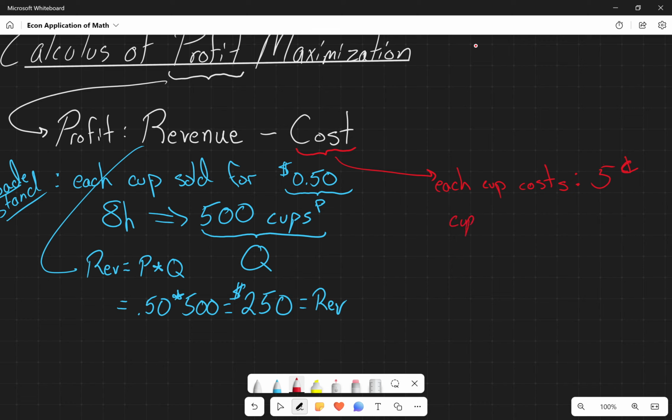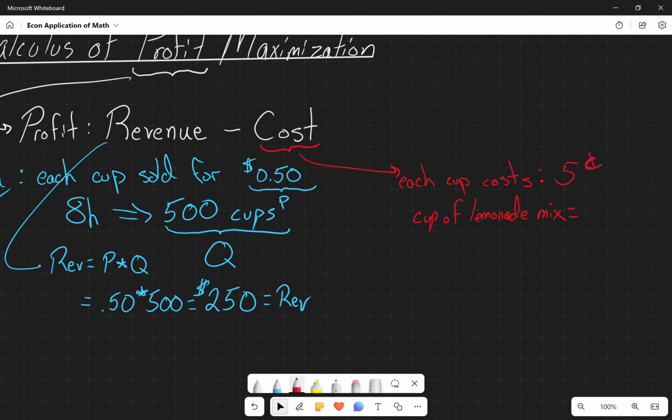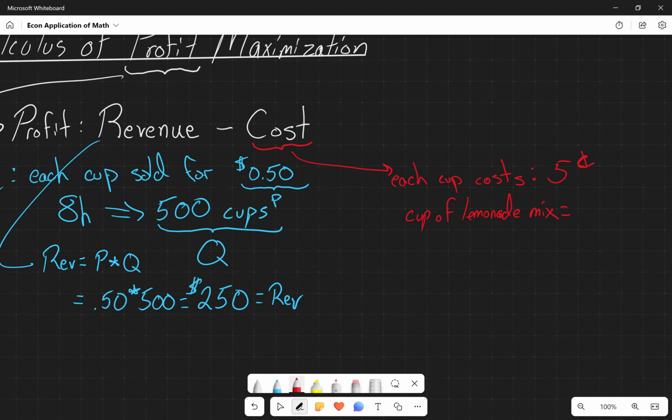We'll say each cup of lemonade mix is going to be equal to something that is increasing in the number of cups. So we'll have something that is 0.2, and then the number of cups, which we'll use as x here, to the second power.